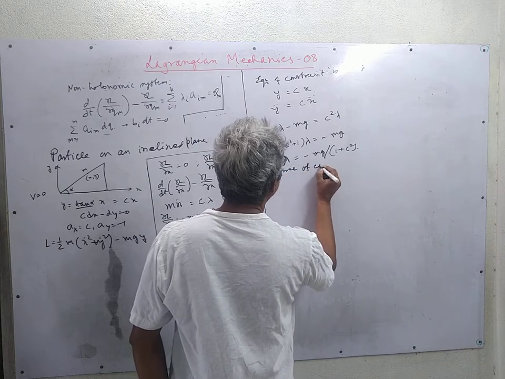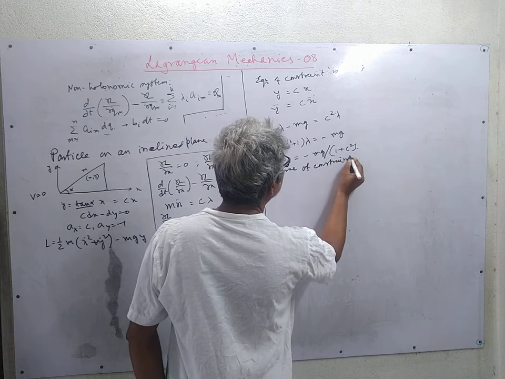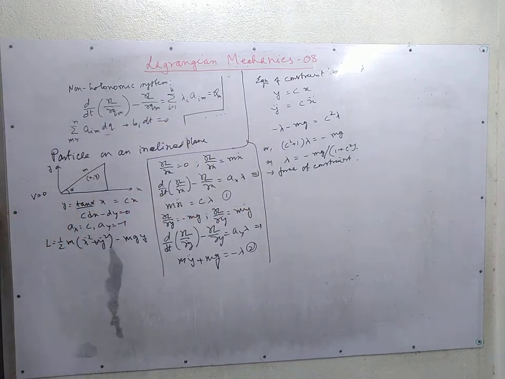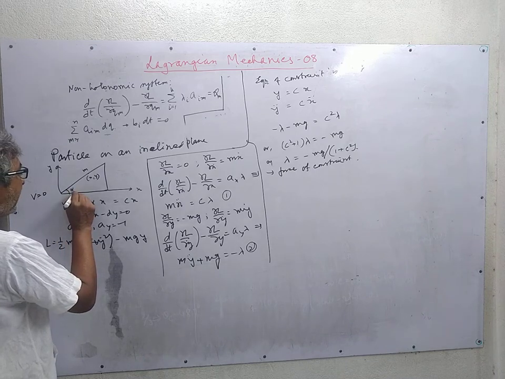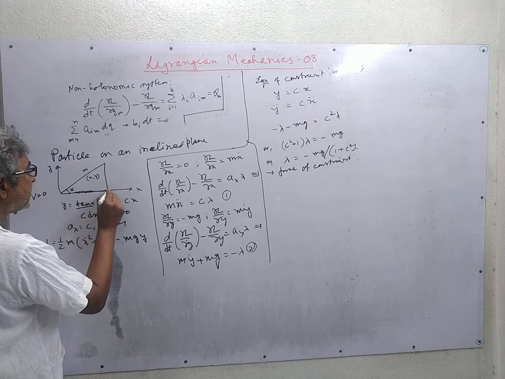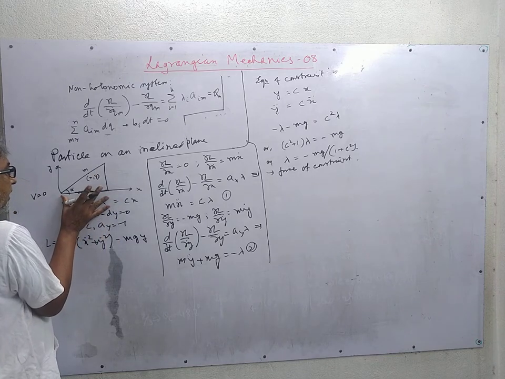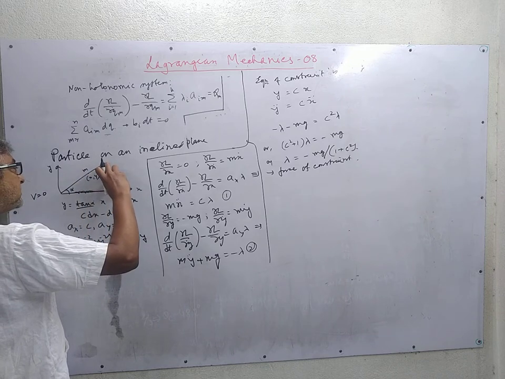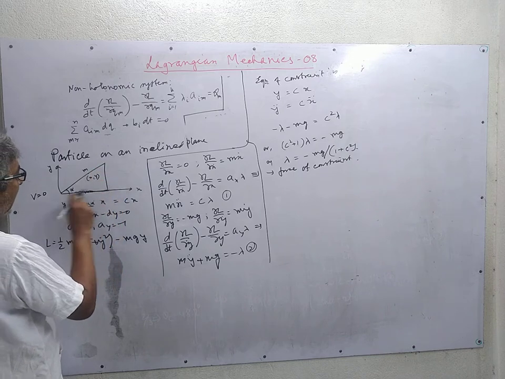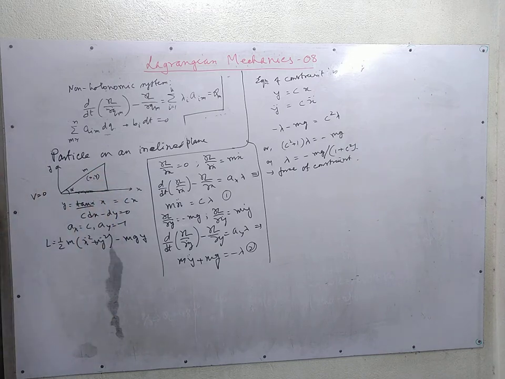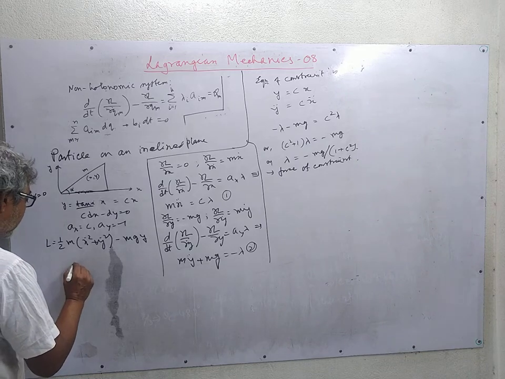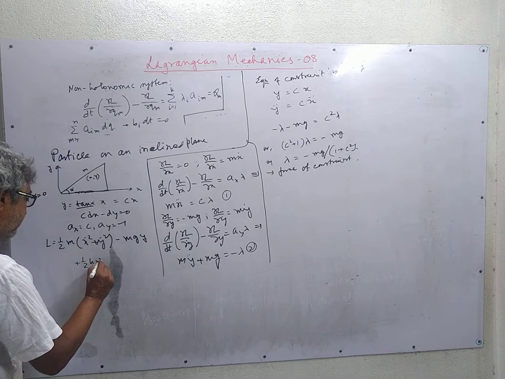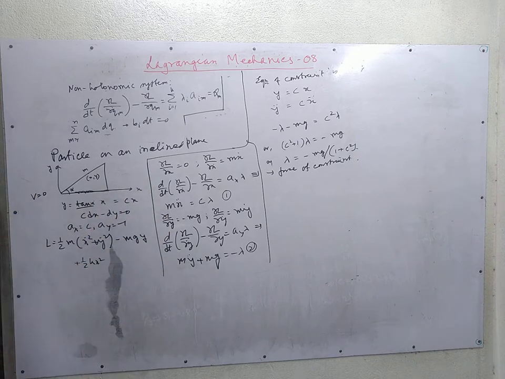One more thing may happen: the same problem, but in this case we have attached a spring along the x-axis. That is to say, there is a spring and the particle is attached by a massless rigid rod, so that along the x direction there is a harmonic oscillation, in which case the Lagrangian changes by a term minus kx square, and the equation will change accordingly.